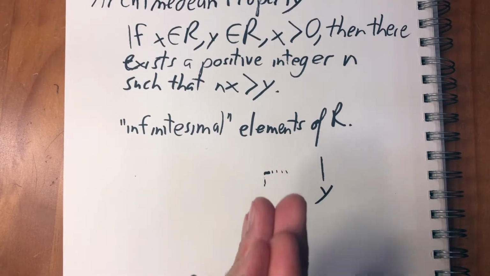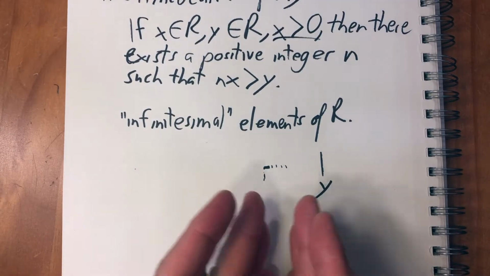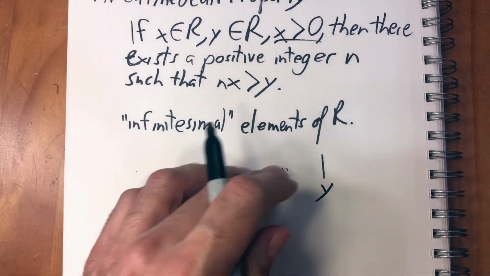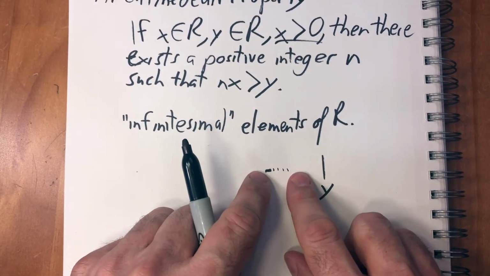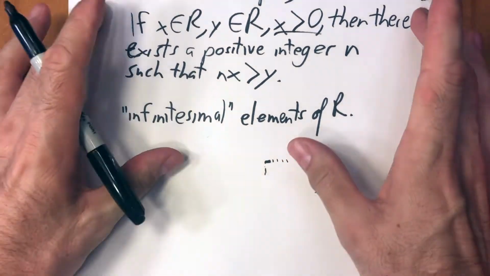They're not infinitesimally small. This is why they have to be bigger than 0, because obviously 0 has no value. So anything times 0 isn't ever going to get over y, but anything else will eventually, if you repeat it enough, get over y. That's what that property is saying.